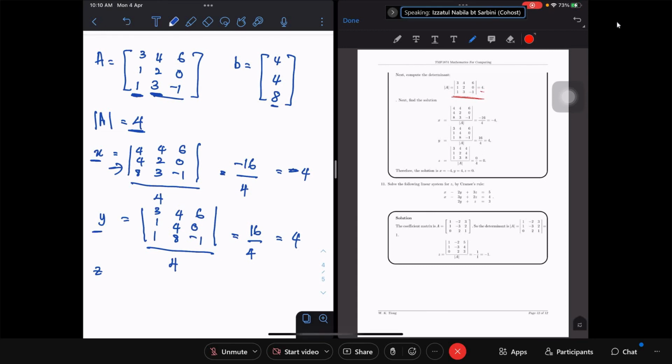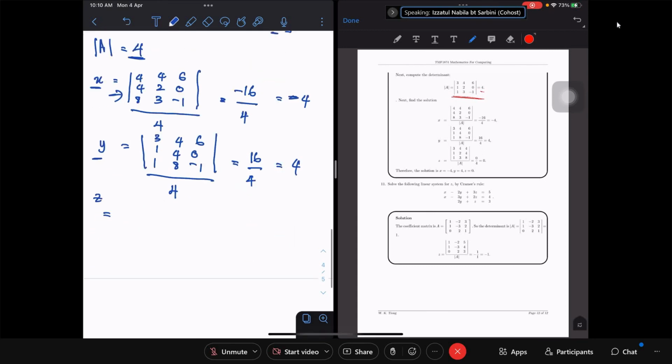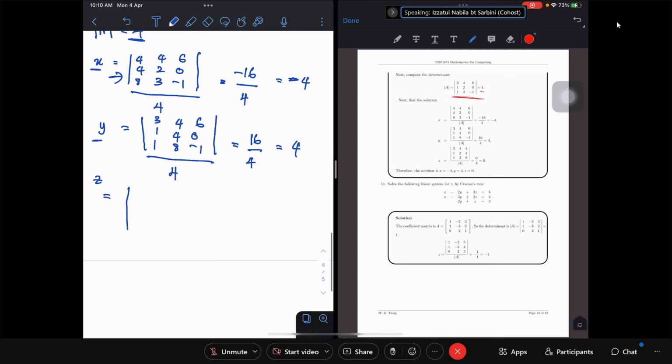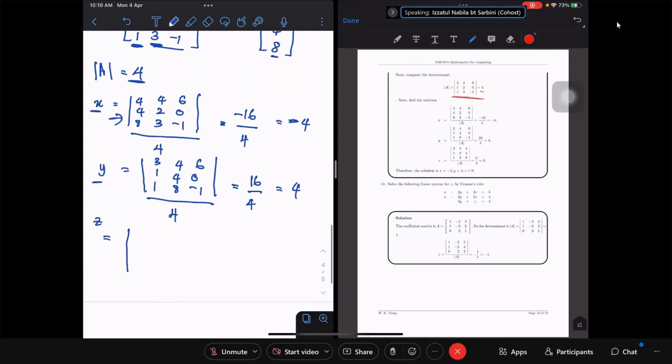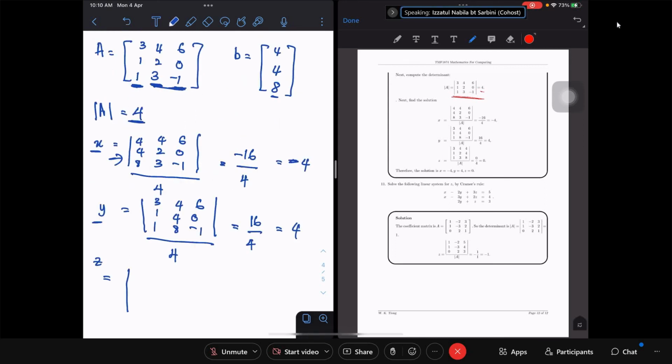And for the last variable Z, you change the third column with matrix B. The first and second columns, you just copy from the coefficient matrix. Divide by the determinant of matrix A, and you calculate the determinant to be 0 over 4. So Z is equal to 0.